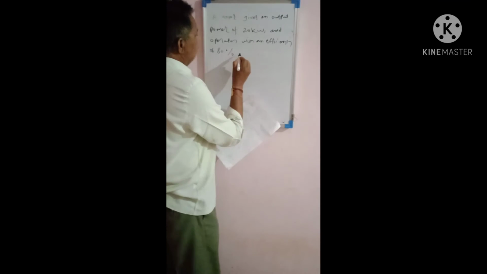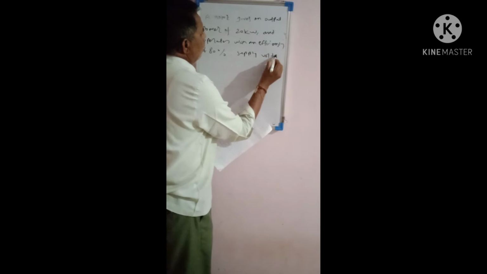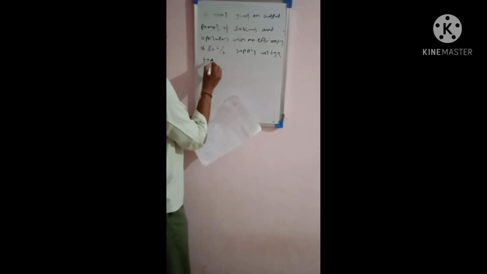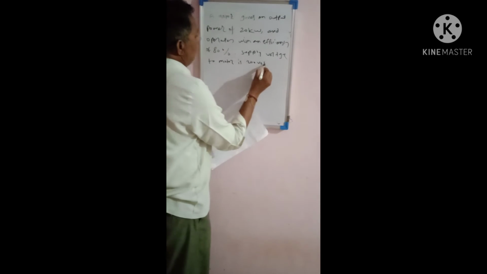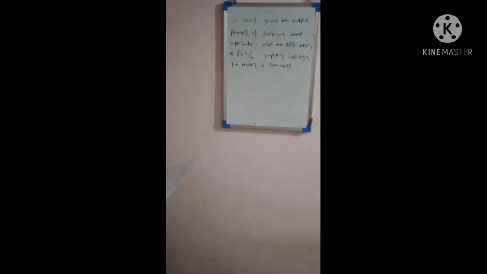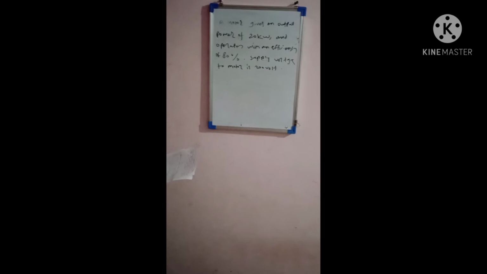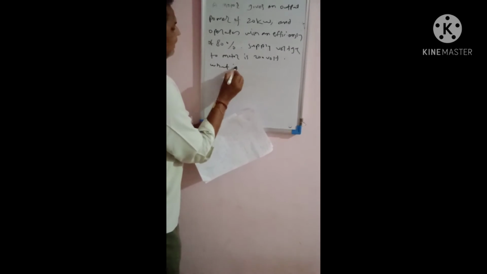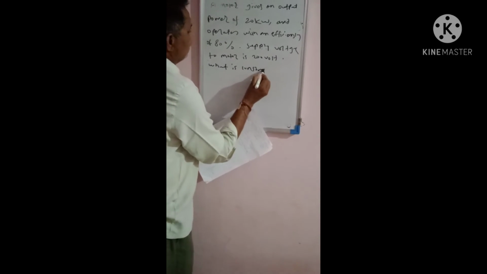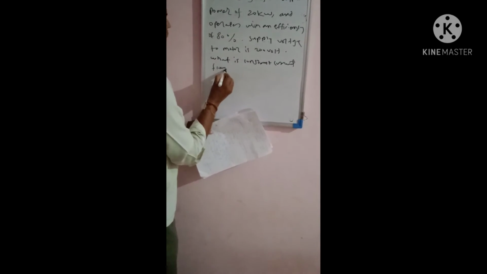The supply input voltage to the motor is 200 volt. What is the constant current flowing through the motor? They ask you to find out the constant current flowing through the motor.